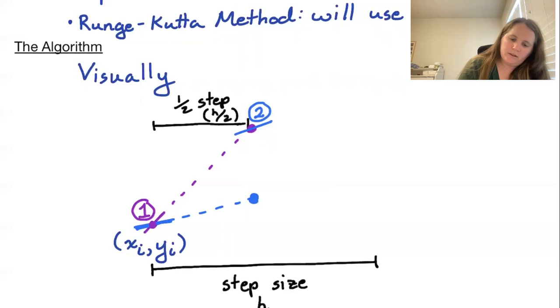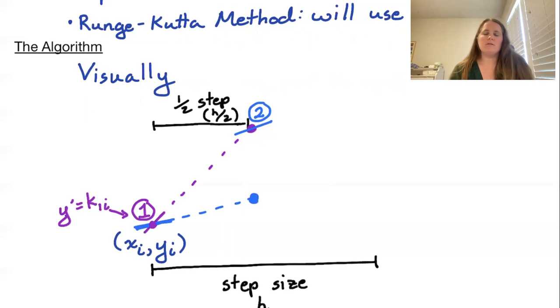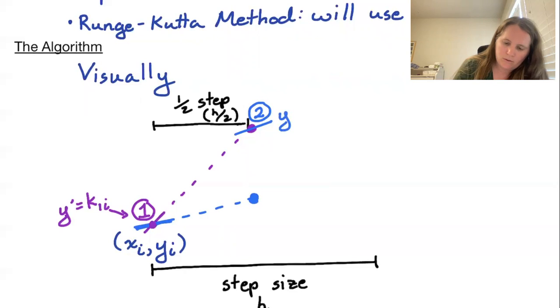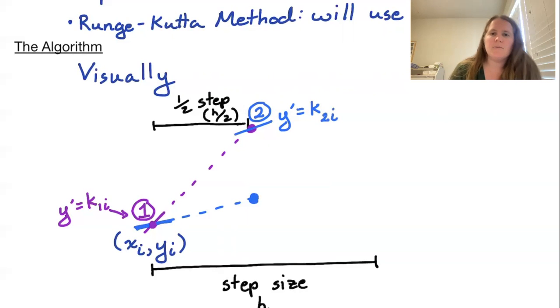Our first point will have y prime, we'll just call it k1i. It's the first point we're finding a slope for in the ith iteration. At 2, we'll have y prime labeled k2i, our second point slope in our ith iteration.